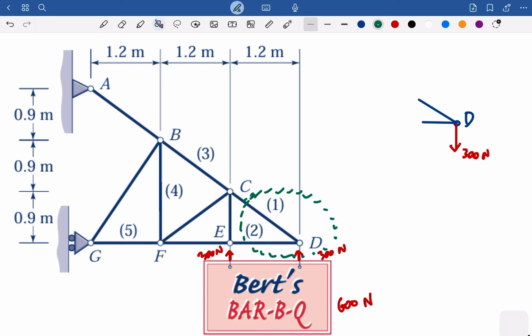So if we get this, let me write here. This is 0.9. This is 1.2.